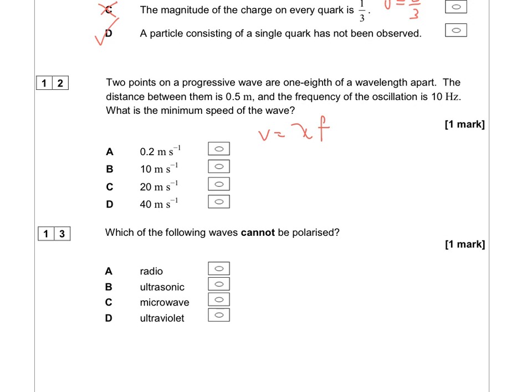So if 1/8 of a wavelength is equal to 0.5, that would mean the wavelength was equal to 4. So velocity is going to be 4, the wavelength, times 10, which gives you 40 meters per second. So that's going to be that one there.